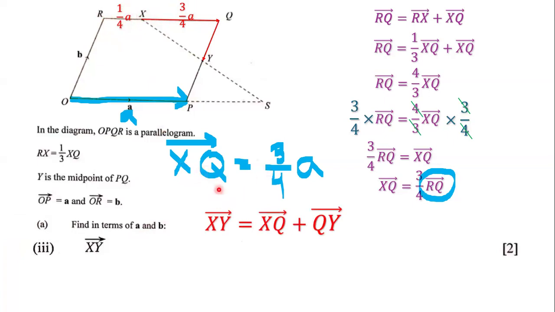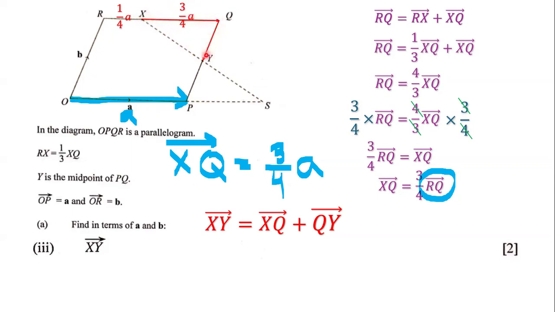So remember, we're trying to figure out what XY is. In order to get XY, we have to go from X to Y. So we have to go from X to Q, which we now know is 3 over 4A. Then we have to go from Q to Y. Now what is QY? We already know what XQ is, that's 3 over 4A.